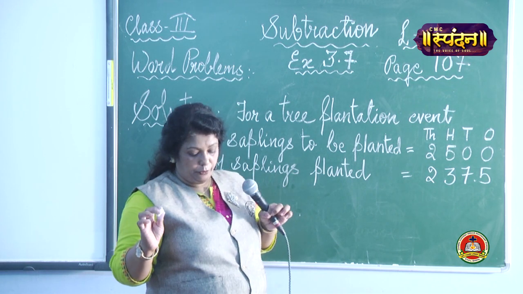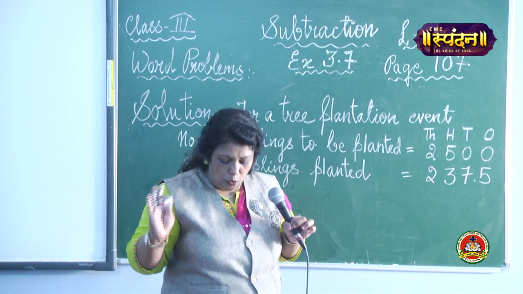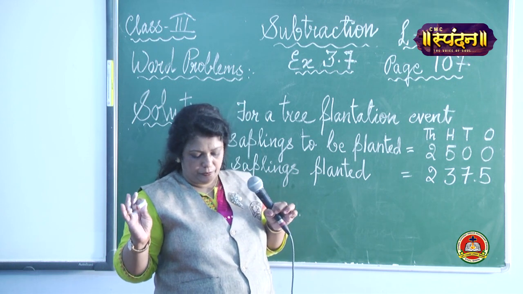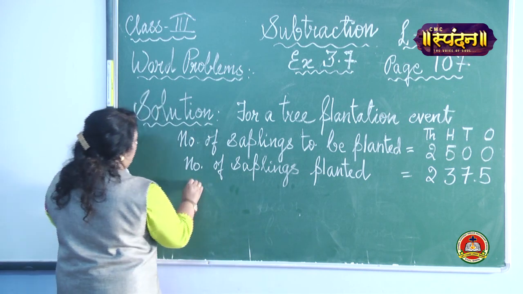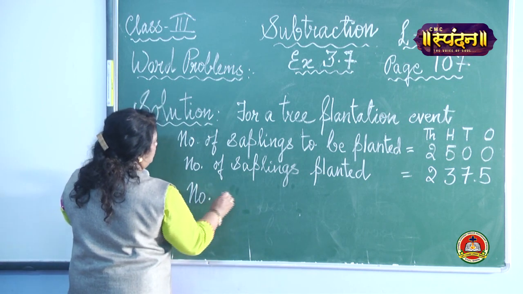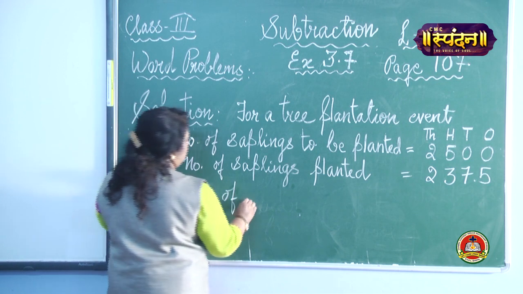Then, therefore, number of more saplings left. Number of saplings left, directly we can write.